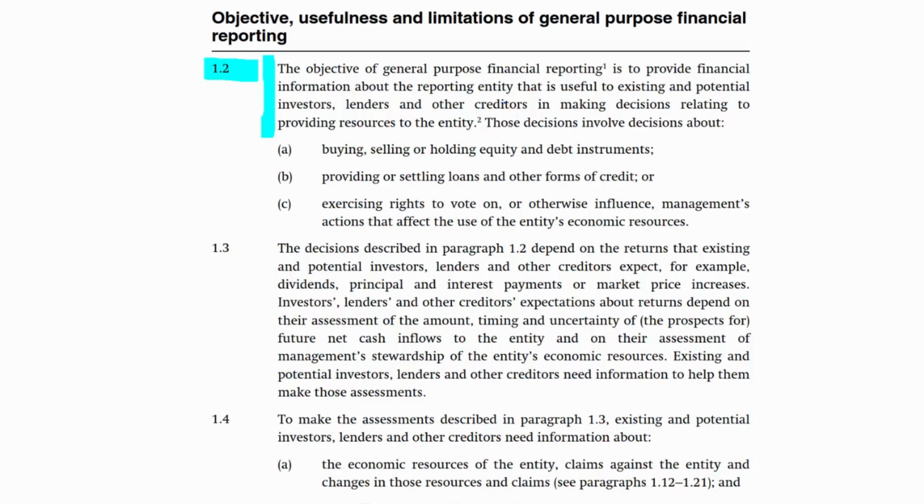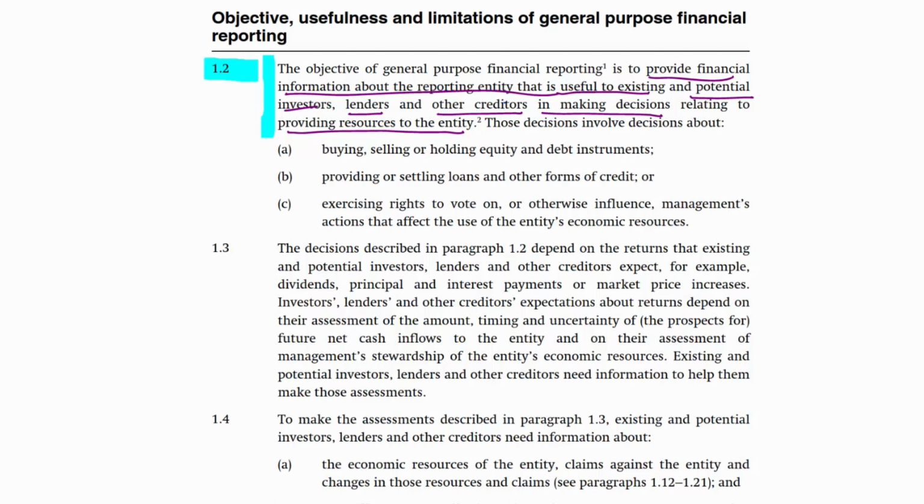So we can see there it says the objective of general purpose financial reporting is to provide financial information about the reporting entity that is useful to potential investors, lenders, and other creditors in making decisions relating to providing resources to the entity.